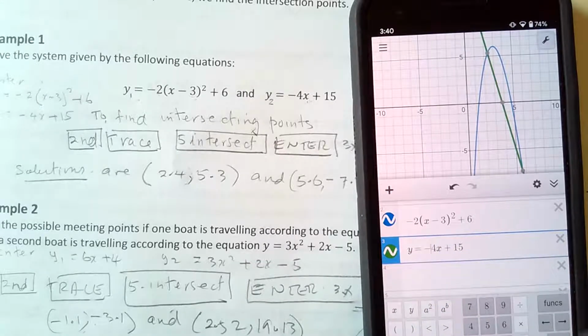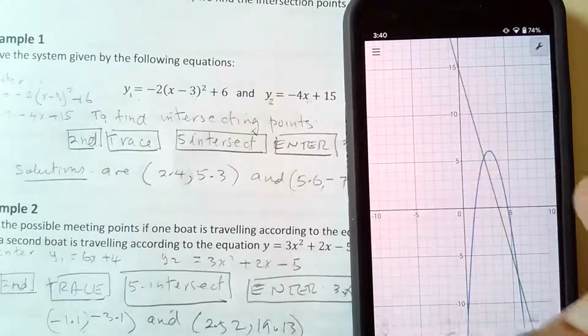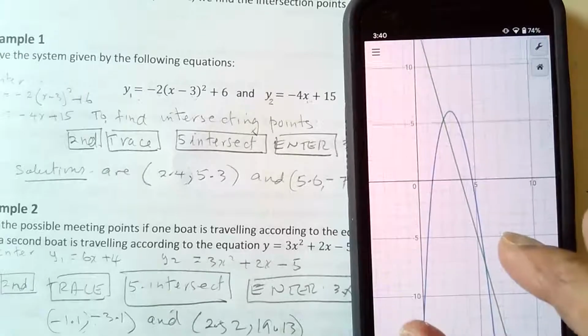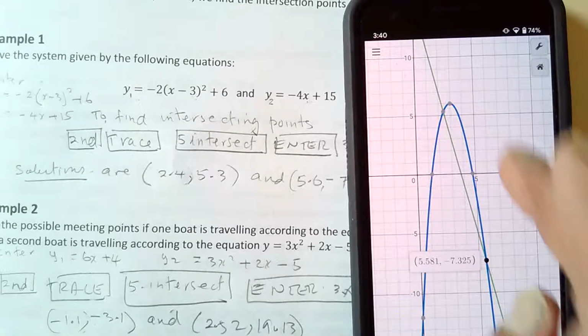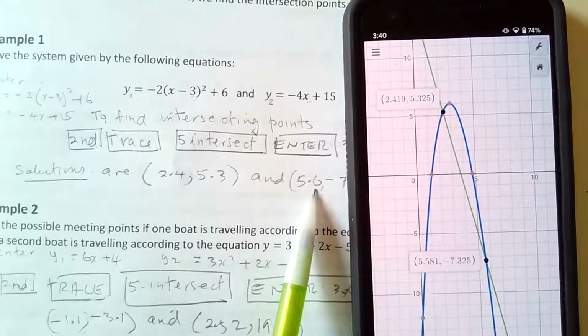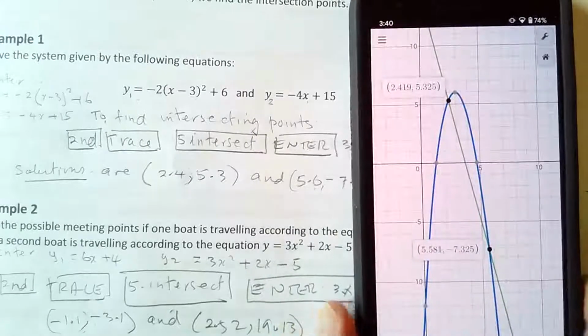There it is. To find where they intersect, I tap and tap. So 2.4, which is what we got here. 5.3, and then 5.51, 5.6 to 7.3.